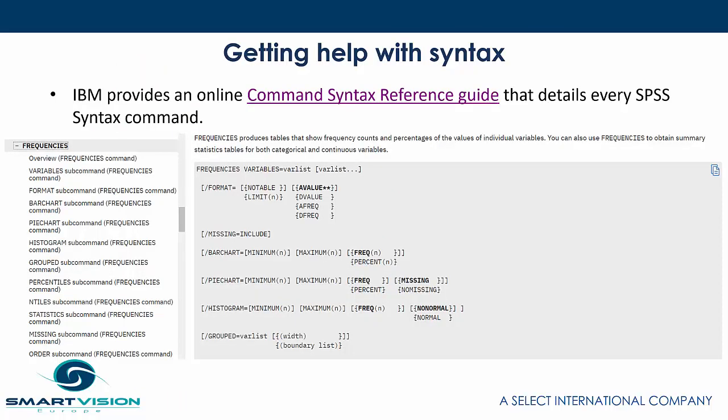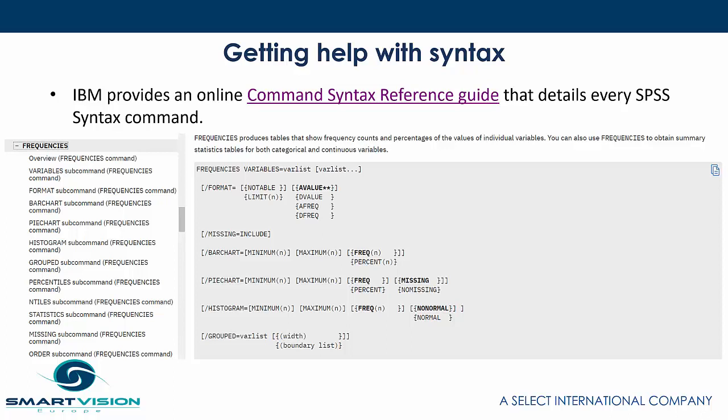So the first place to look perhaps is the online reference guide. You may recall that we had these big manuals that people used to print out or buy copies of in the 1970s and 1980s. And they would look up procedures in those manuals. This is basically an online version of that. It details every single SPSS syntax command.